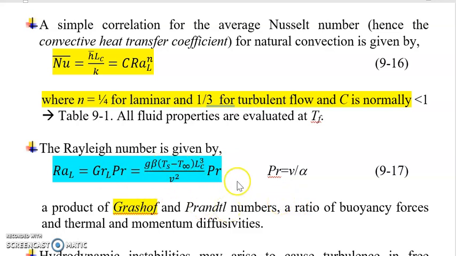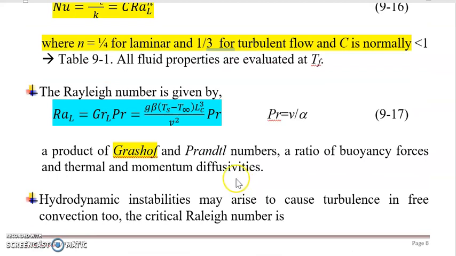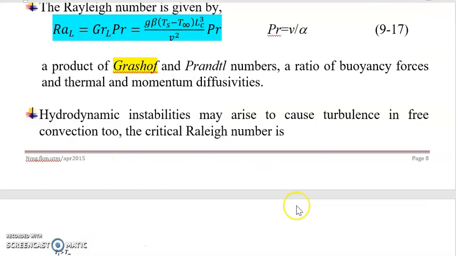As with external forced convection, hydrodynamic instabilities also arise in natural convection, which cause turbulence. So how do we determine the onset of turbulence? We have the critical Rayleigh number.